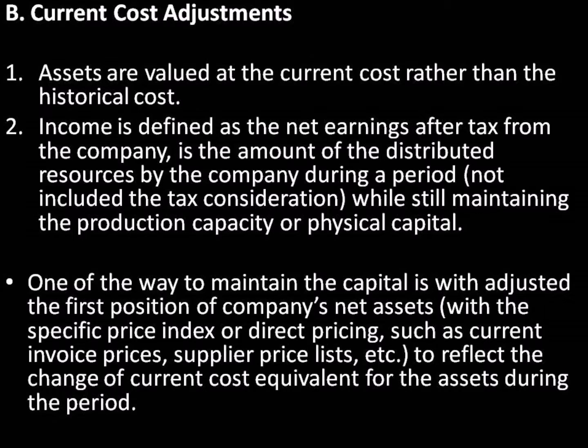One of the ways to maintain the capital is to adjust the first position of the company's net assets with a specific price index or direct pricing, such as current invoice prices, supplier price lists, etc., to reflect the change of current cost equivalent for the asset during the period.